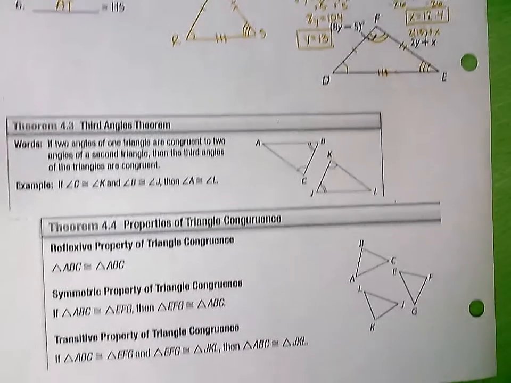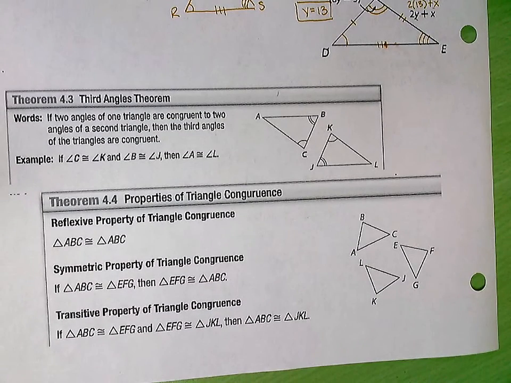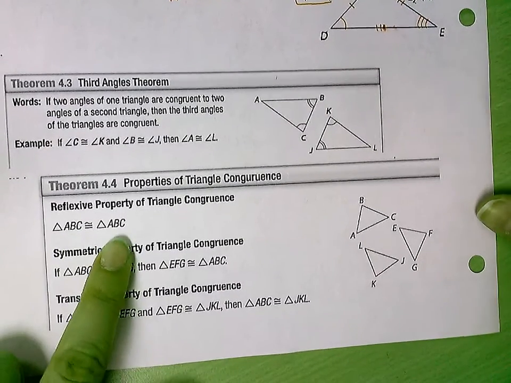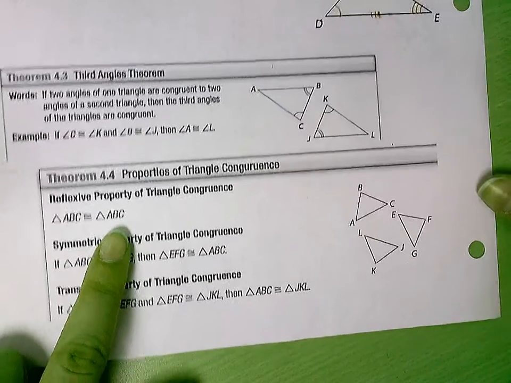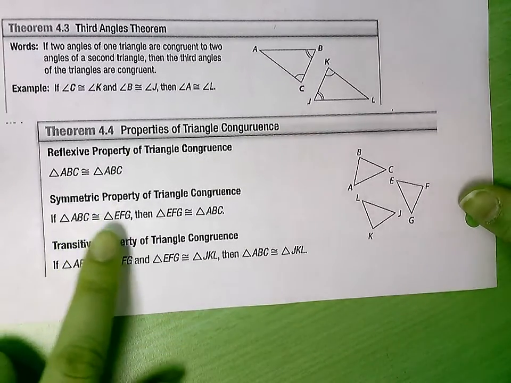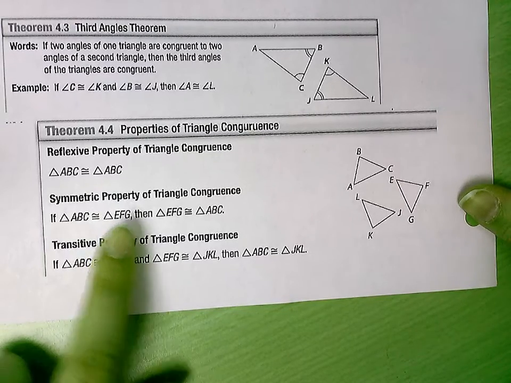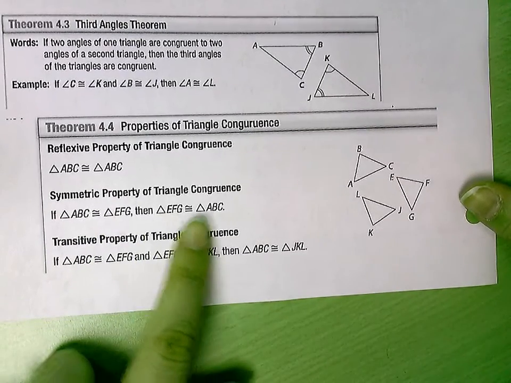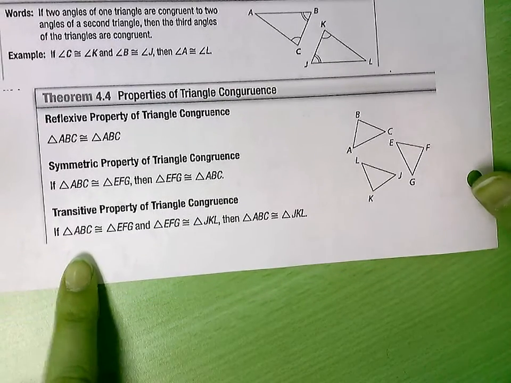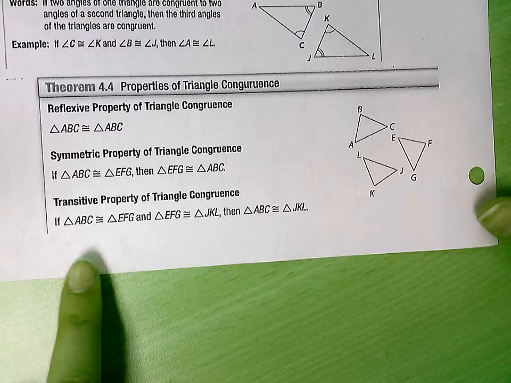Your properties of triangle congruence, you have reflexive, symmetric, and transitive. Reflexive property, it's congruent to itself. Symmetry, if triangle ABC is congruent to triangle EFG, then triangle EFG is congruent to ABC. And then your transitive, do you remember what transitive property is?